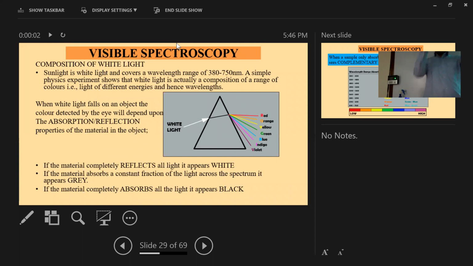You can see the rainbow in the sky after a short rain. So exactly the same thing is happening. The sun is giving the white light and we have raindrops in the sky, and the raindrops are working like a prism.